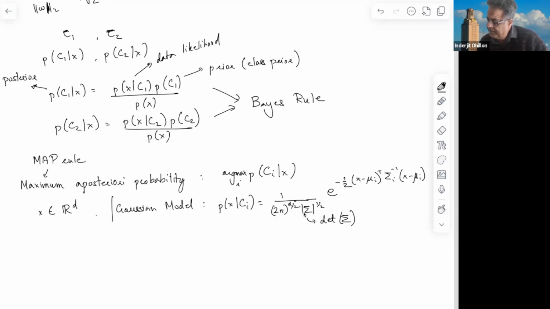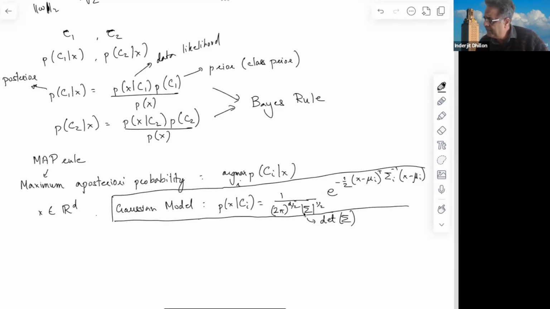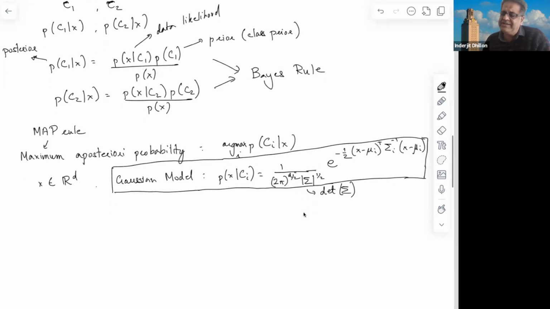And let's think of this as the model of the data. And maybe it's just too complicated right at the beginning. Okay, but let's see what happens.